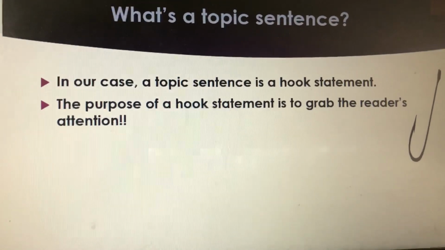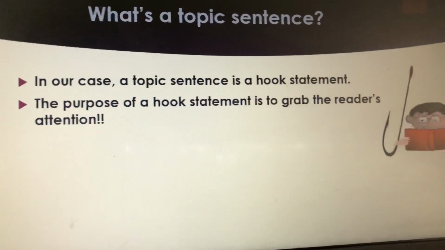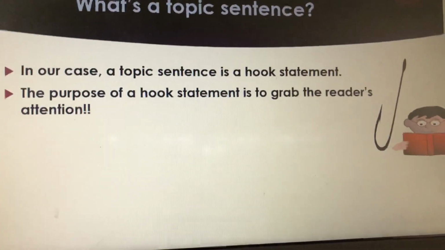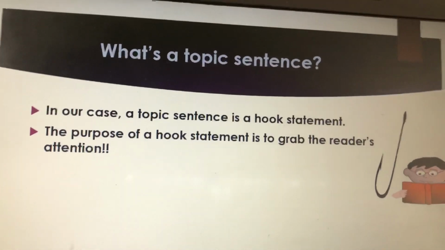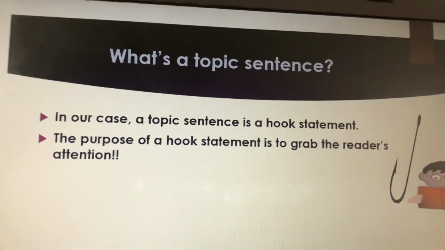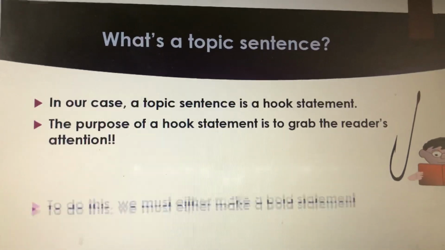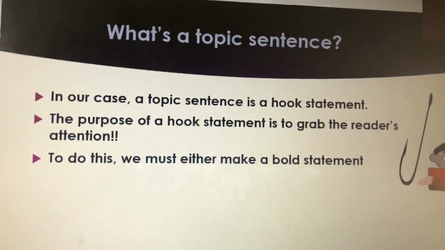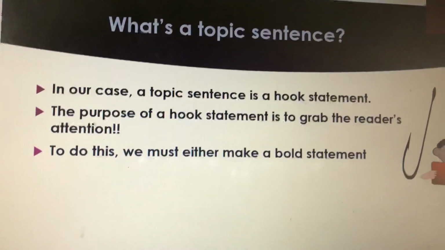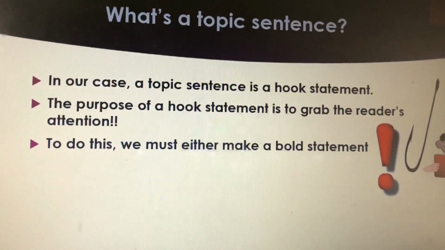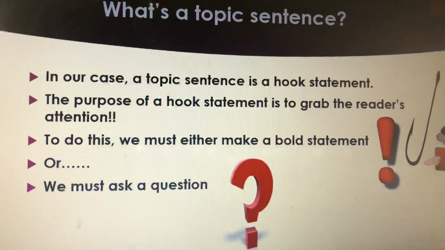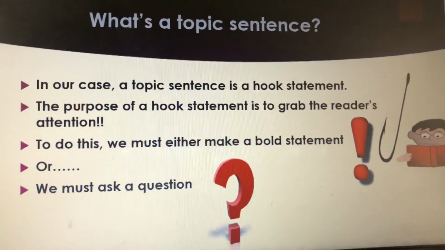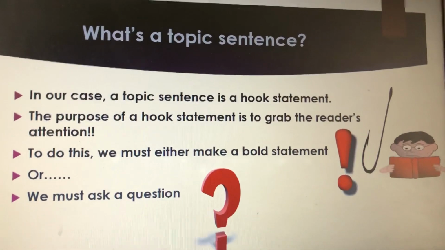You're trying to really get them interested in your paper because you want them to be fixated on what you're writing, so it can put them in a good mood before they even start reading your paper. So to do this, we must either make a bold statement or ask a question. A bold statement or ask a question.